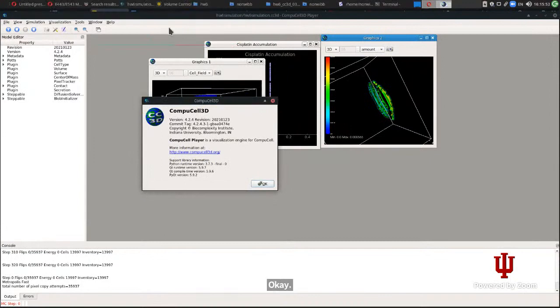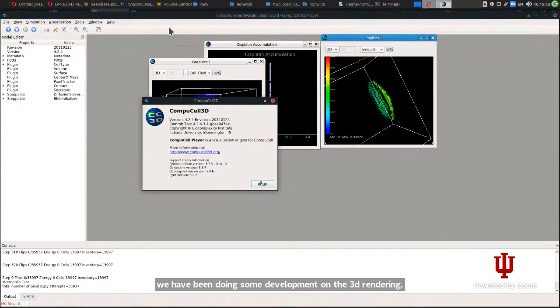If you do want to go through the effort to try it, you could roll back to version 4.2.3 and see if the behavior is any better. We have been doing some development on the 3D rendering, and this may have been a bug that was introduced during that work.